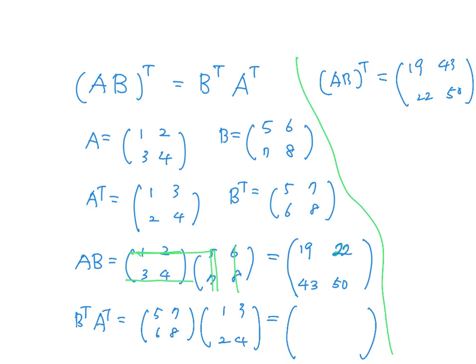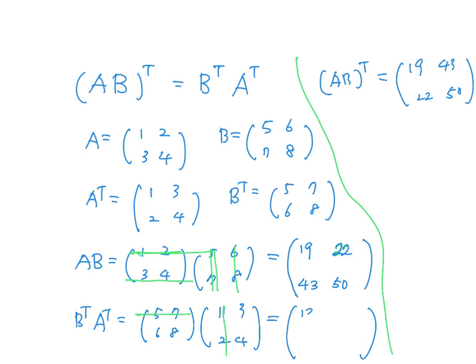So let's do the same thing again. The first element, this is 1. 1 is missing. It has to be 1, right? So 5 times 1 is 5, 7 times 2 is 14, so 5 plus 14 is 19.